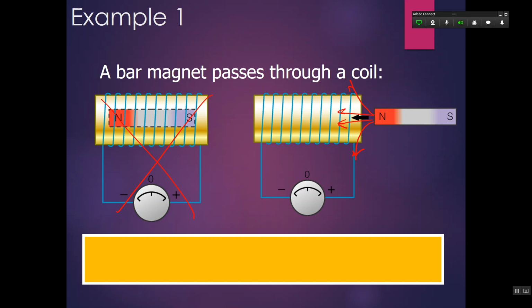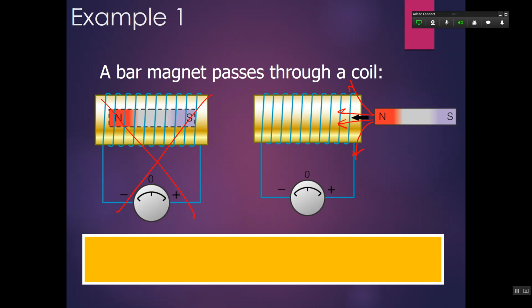To the left, because your magnetic field lines are pointing towards the left, right? So it's increasing towards the left. Your magnetic field that's going to be induced is going to oppose that, so your induced magnetic field needs to be towards the right.